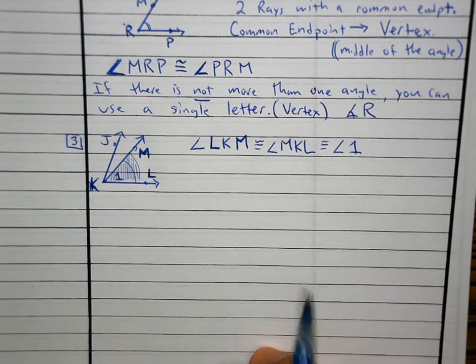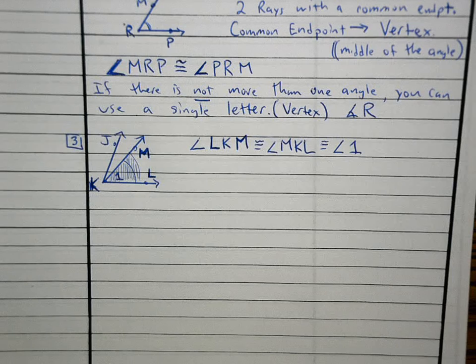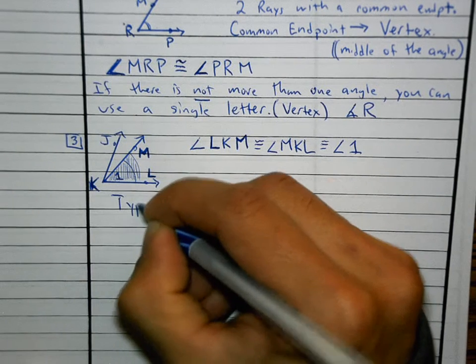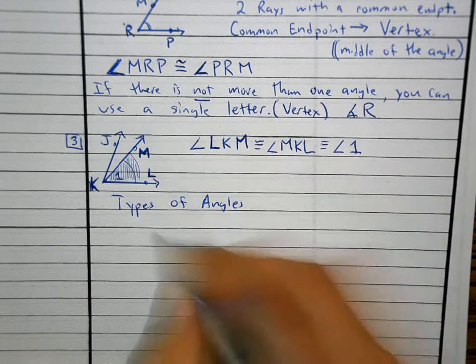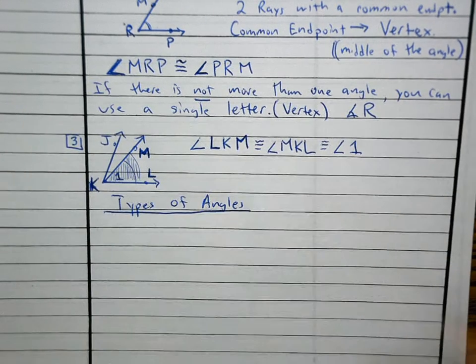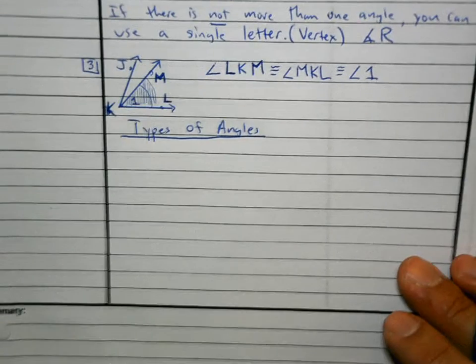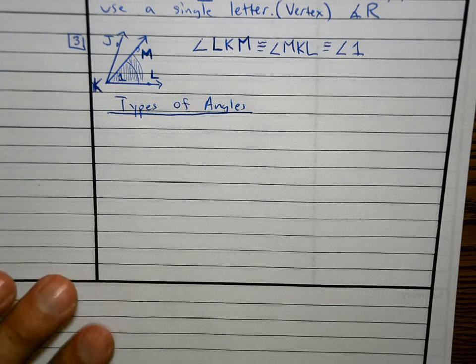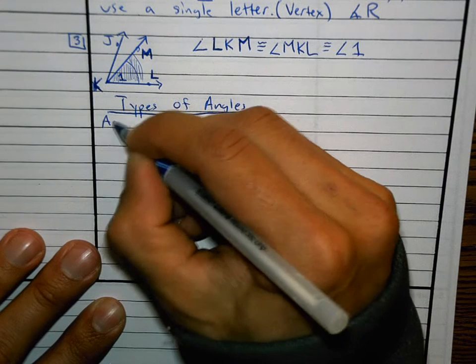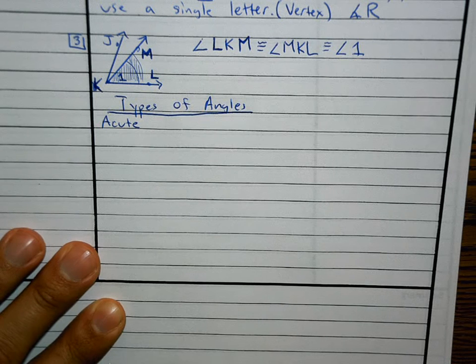Okay, there are 4 different types of angles. Types of angles. I'm going to underline that. Types of angles. There's this type. Acute. That's a cute little angle.